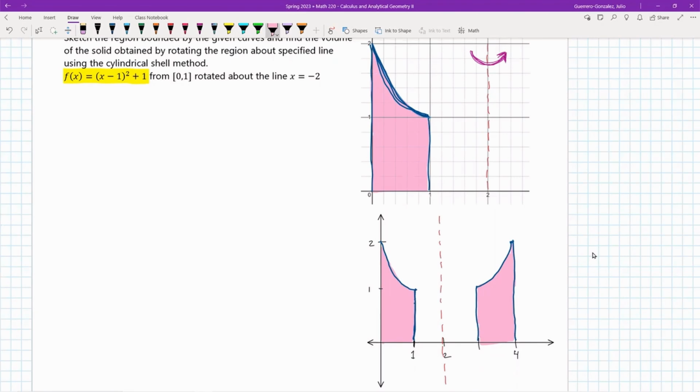And I want to revolve it around that line, x equals negative 2. So here we go, here's my shape. I'm going to draw a dotted line here, dotted line there, something like that. Sometimes these pictures become much easier or much clearer because of the shape itself.